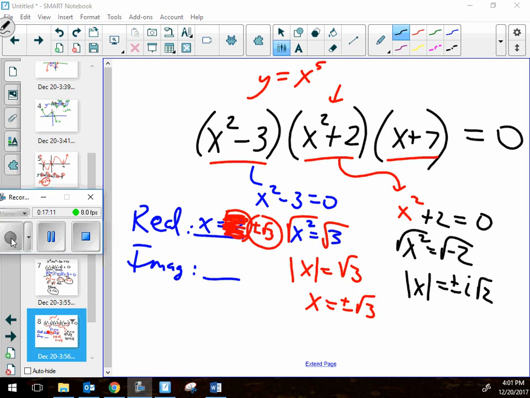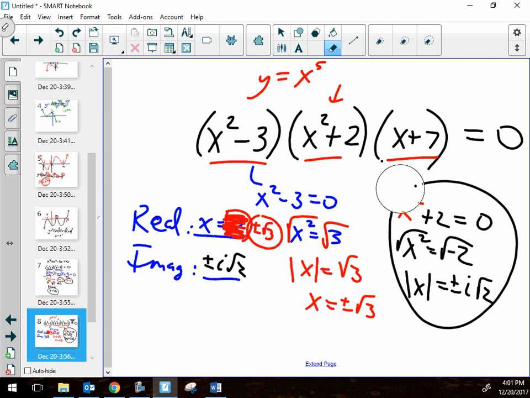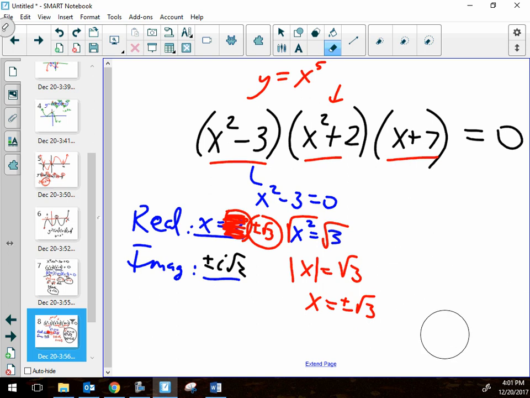Okay, so those were imaginaries. So I'm going to put those over on the imaginary line here. Plus and minus i root 2. Don't just assume you can do these in your head, because a lot of people will say that that's plus and minus 2i. It's a really easy mistake to make. All right, now I'm going to solve that x plus 7 at the end there.